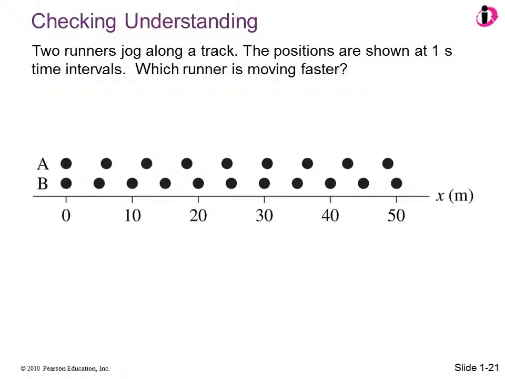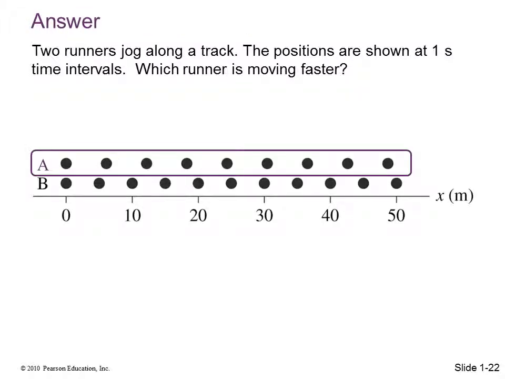And we know that fast means speed or velocity. So how far over how long? So meters over seconds. So how far over how long? And when you look at runner A, you'll notice that for each successive time interval they are covering more distance. Runner A is moving faster.